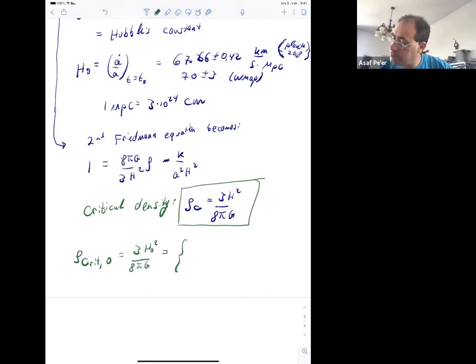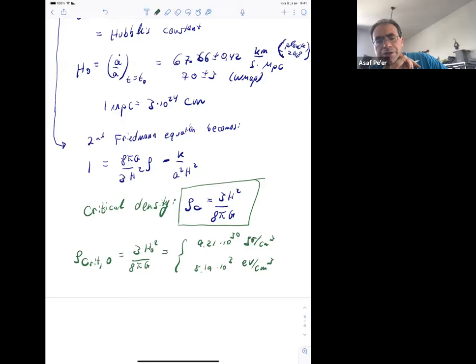That is 9.21 times 10 to the minus 30 gram per centimeter cube. Of course, there is a c squared here, so you can write it as 5.19 times 10 to the 3 electron volt per centimeter cube.